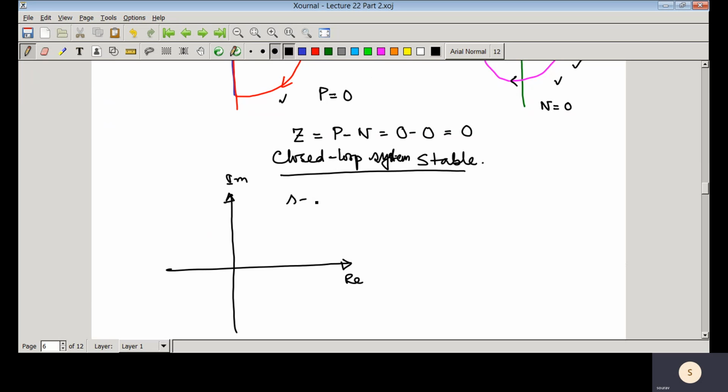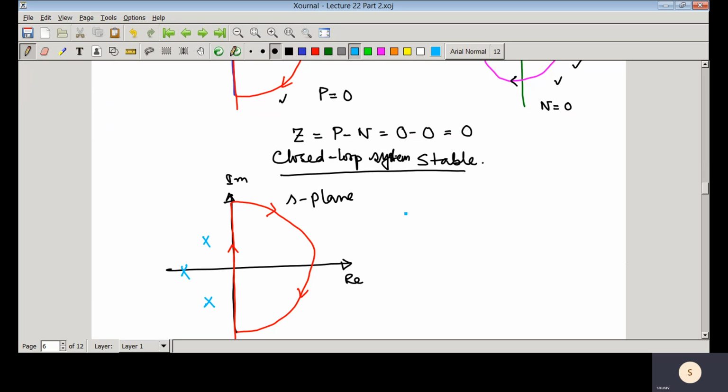So this is that S plane. So this is that Nyquist contour. And suppose we have again two poles or three poles outside that region, they are in the left half of that S plane.